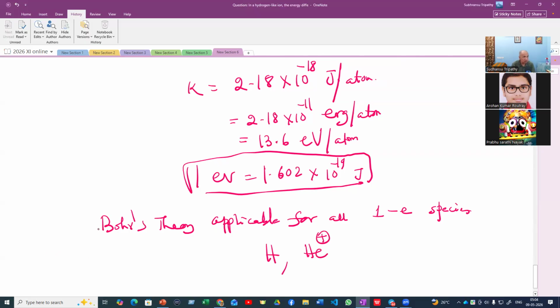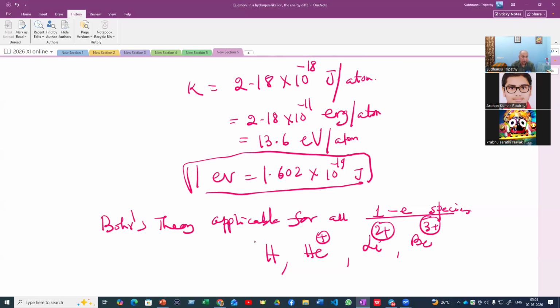Helium has 2 electrons. If you remove the first electron, then it is left with a monopositive ion, and Bohr's theory is applicable for that. And if you are handling lithium, it is Li double plus. Lithium has 3 electrons, and you have to remove the first and second, leaving behind 1 electron. Then it will agree to Bohr's theory. If you are handling beryllium, it will be 3 plus, and so on. So these are called one electron species or hydrogen-like species.